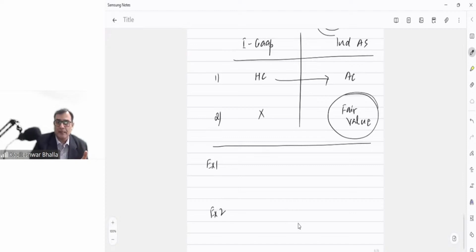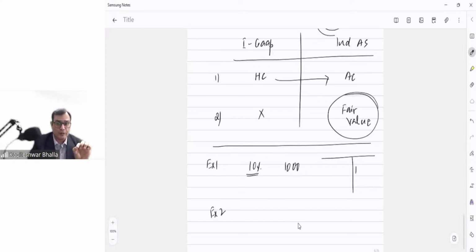So let's say I made an investment at 10%. This is the market rate as well. And this is the contracted rate as well. No hanky-panky. So I made an investment at 10%, let's say for 1,000 rupees. So if I were to make my profit and loss account, considering the contracted rate and market rate are the same, the effective rate is 10%.